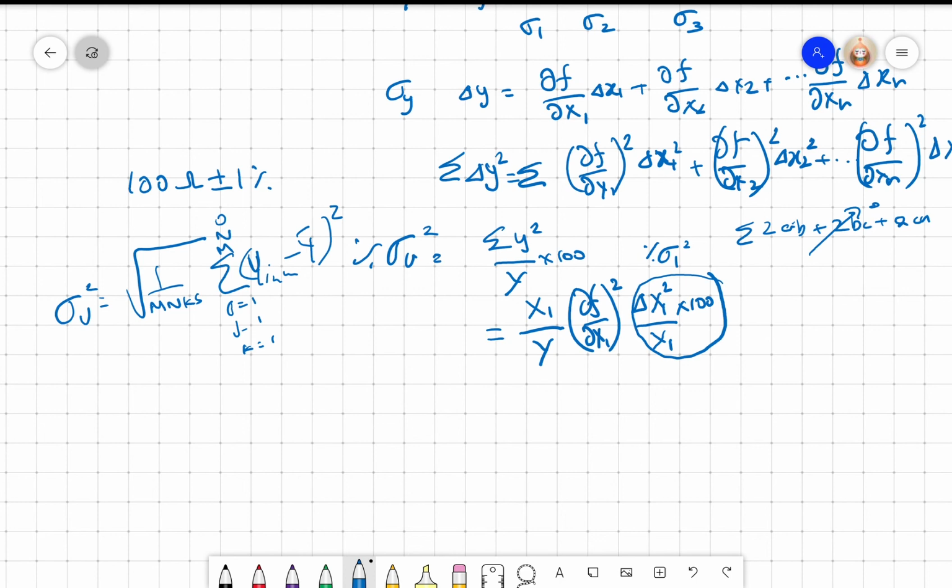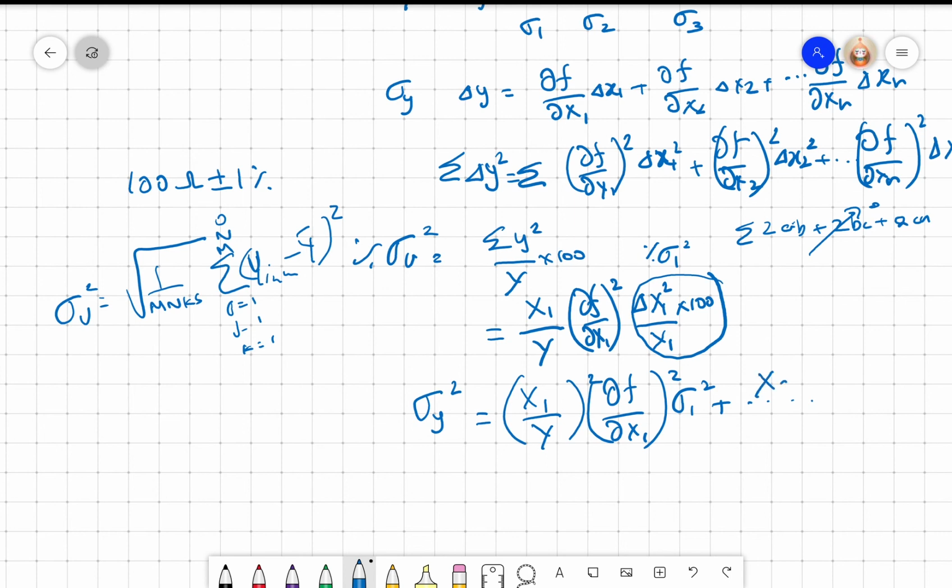Square root of that. So we can now say that if I have y equal to f of x1, x2, x3, then sigma y square would be equal to x1 by y whole square into dou f by dou x1 whole square into sigma 1 square plus, similarly, I'll write one more, x2 by y whole square dou f by dou x2 whole square into sigma 2 square.